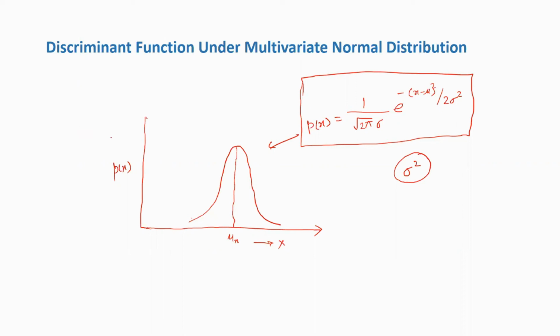It will not be a single variable; there will be multiple variables. So let's say we have some d-dimensional feature vector, where this x belongs to d dimensions.